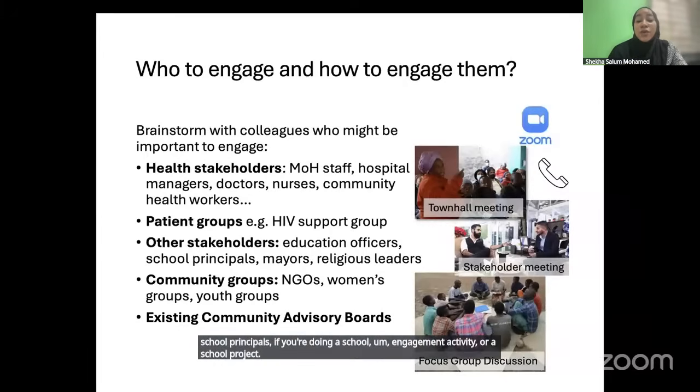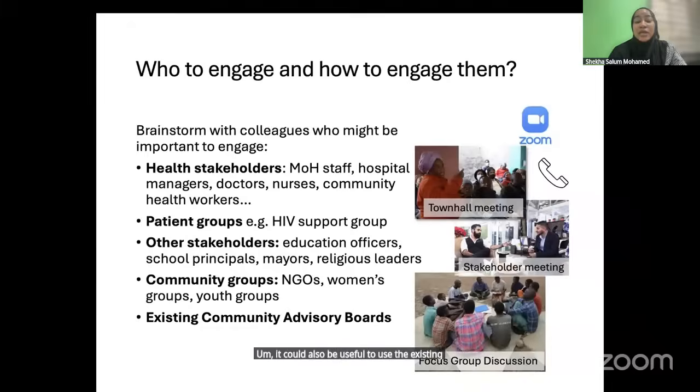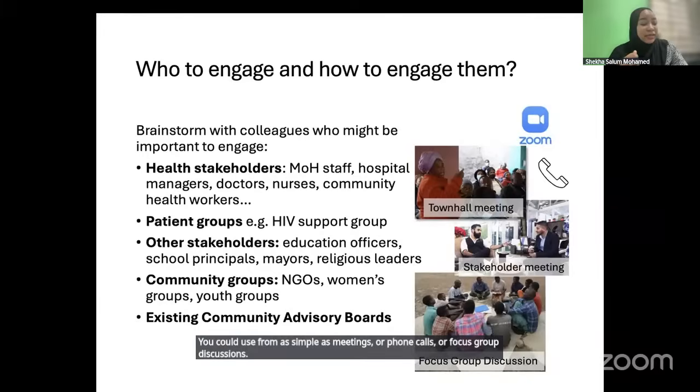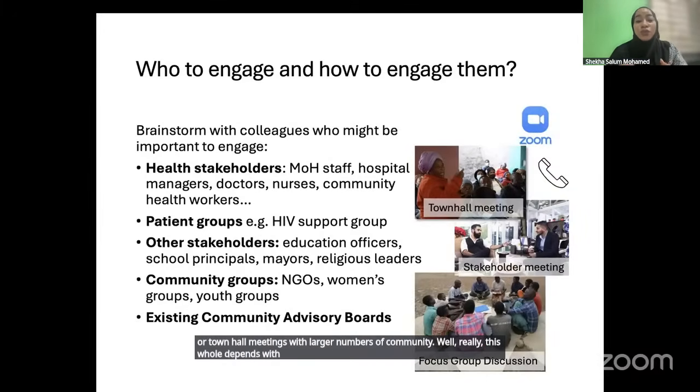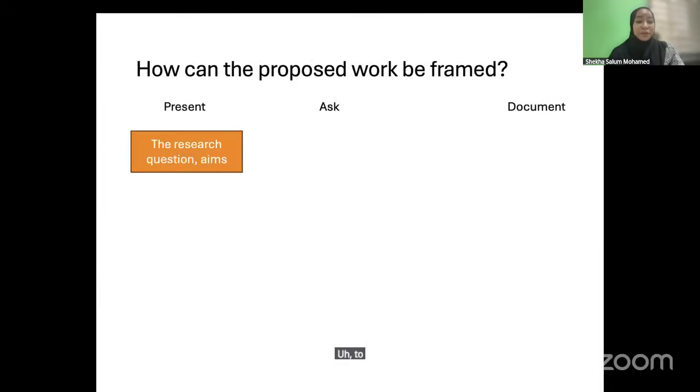It could also be useful to use existing community advisory boards, because there is a wide range of engagement methods you could use, from as simple as meetings or phone calls, to focus group discussions or town hall meetings with larger numbers of the community. Really, this all depends on what you're trying to achieve.